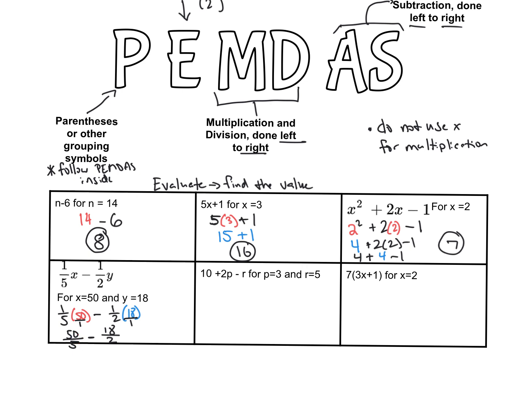And I know that 50 divided by 5 gives me a value of 10. And then same thing on the right. Even though it's 18 halves, I can also look at it as 18 divided by 2, which gives us a value of 9. And now I just have 10 minus 9, which is 1. So that's our final value.